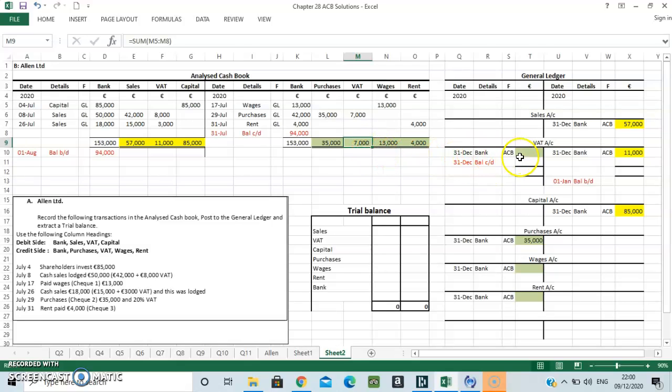So we're just going to place it on the appropriate side, on the debit side of the existing VAT account. 7,000. Wages, coming from the credit side here of the bank account, goes to the debit side of the wages account. 13,000. And finally, the rent comes from the credit side here to the debit side of the rent account, and that is 4,000.